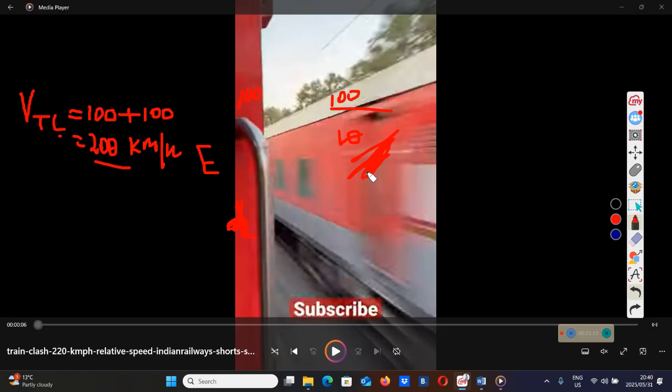But when that other guy observes that other train, it appeared that it is moving with the speed of 90 kilometers per hour. So when we've got two objects moving in opposite direction, when one of the observers from either of these trains looks at the other train, it will appear that the other train is moving faster than its actual speed.